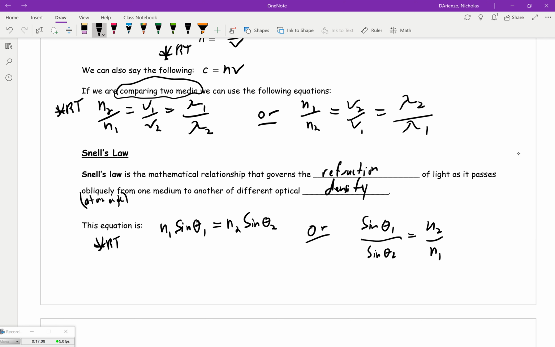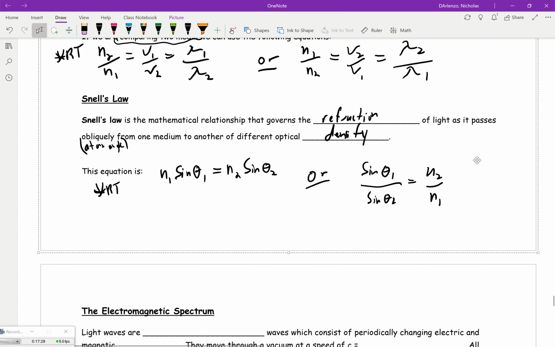Again, if we're comparing index of refraction between two different media. So we'll use this equation to determine, if we know the index of refraction of the two media, N2 and N1, and we know the angle of the incident ray, we can find the angle of the refracted ray as long as we know what the media are.